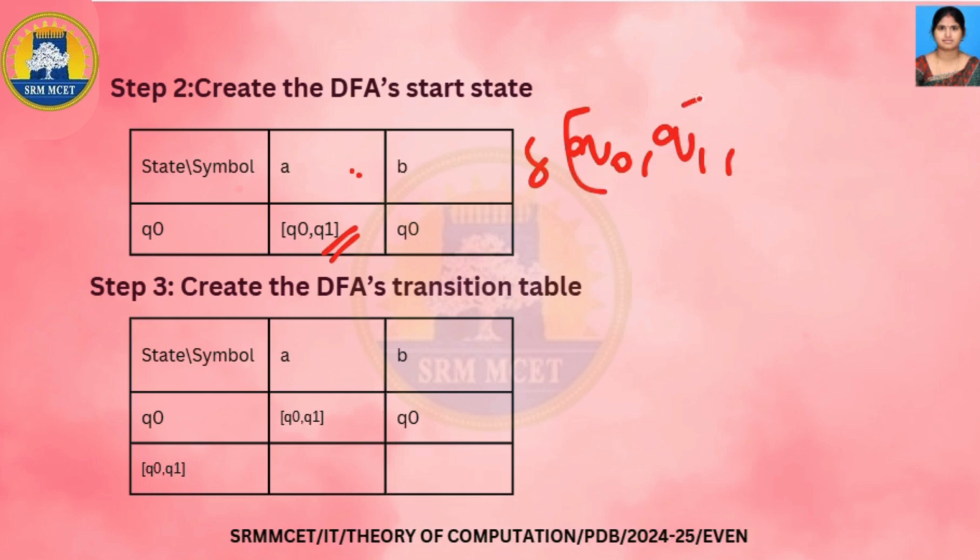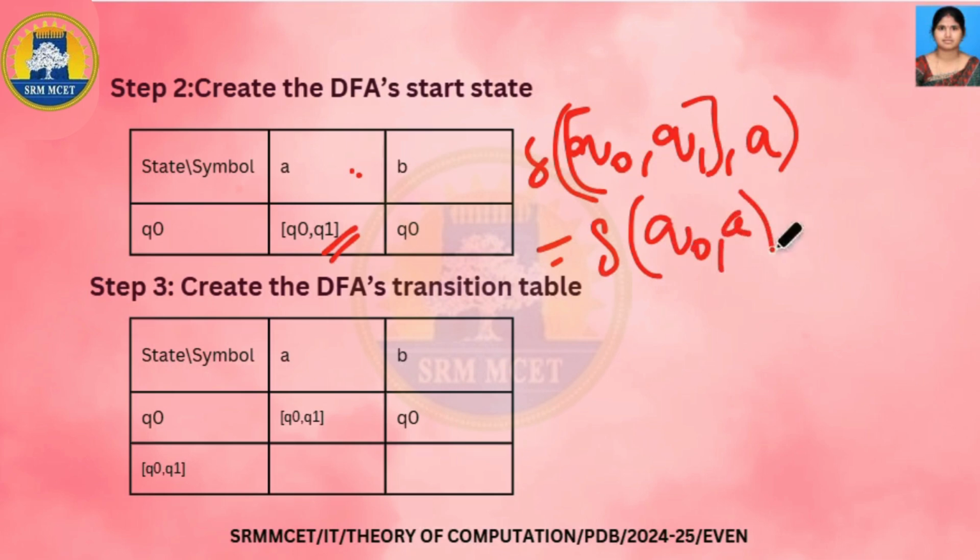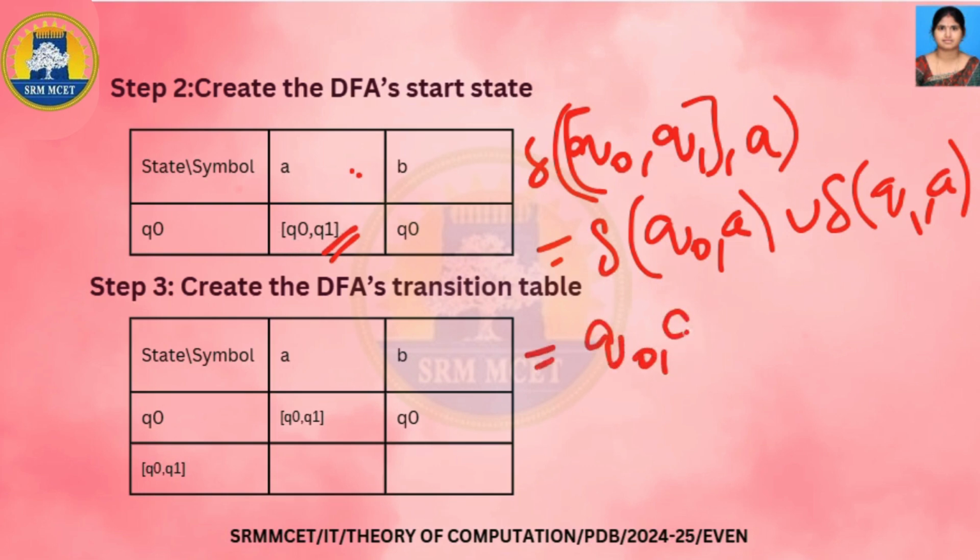Transition using the input A, namely the transition of Q0 comma A, union the transition of Q1 comma A. Transition of Q0 comma A, we already know, is Q0 Q1, and Q1 using A has the null symbol.